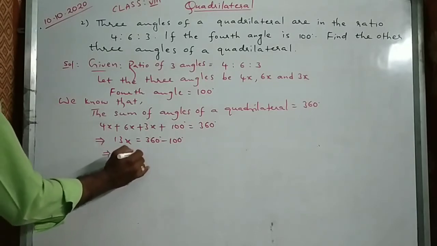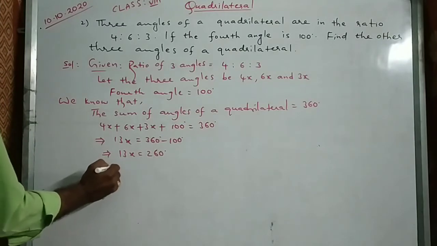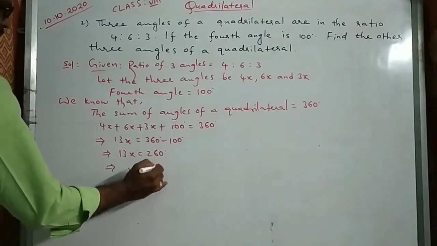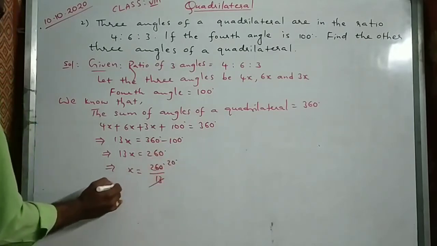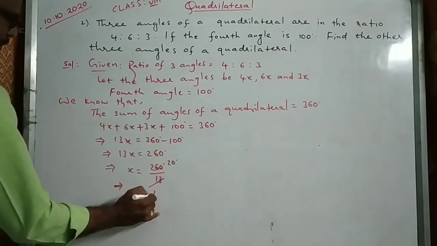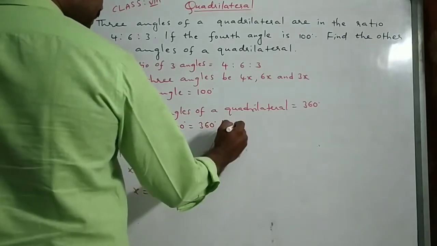So 13x equal to 260. So x equal to 260 by 13. 13 twos are 26. So x value is 20.